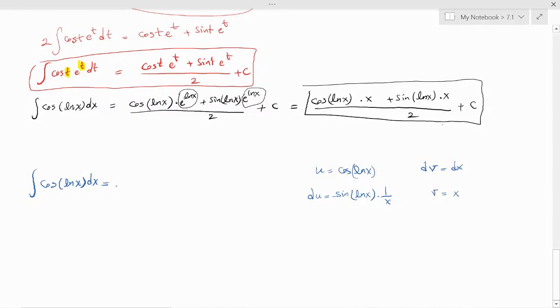So what we get is u times v, which is x times cosine ln x.